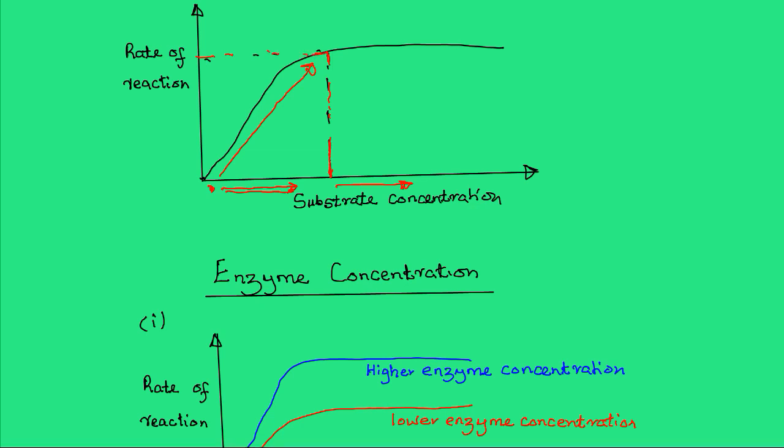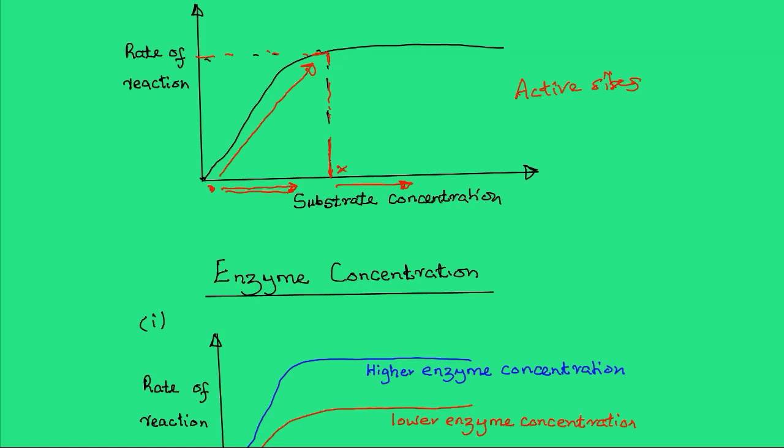And why is that? This happens because we have limited number of enzymes and therefore limited number of active sites. So beyond this point here, there'll be too many substrates for a constant number of active sites.